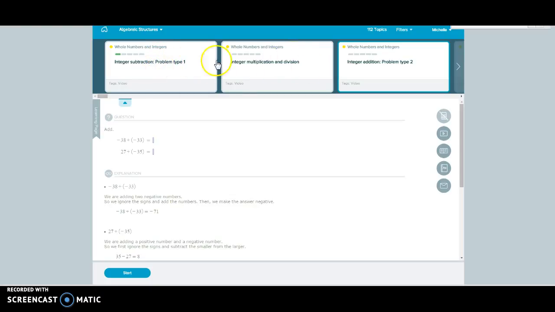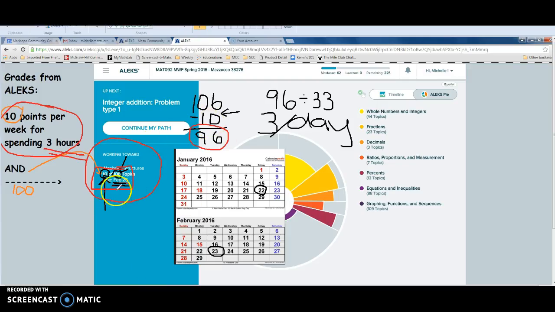So you might end up having to do these problems. But what I want you to know, if you are worried about how come I keep doing all this math and this number is still a 10 right here, that I still have 96 left, it's because if you came into this class maybe a little rusty, you might have more problems to do that are not.